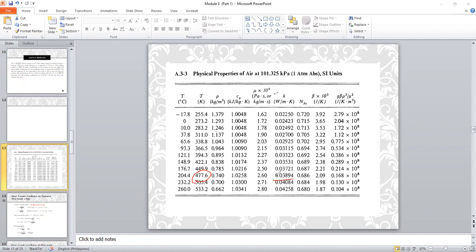If the problem is not saying that your wall or your pipe resistance is negligible, the K that you're going to use is that of your pipe or your tube, because in the first place, thermal conductivity is associated with the solid through which heat is to be transferred. In this case, it's read from this particular table, 0.03894. Same table where we took our mu and our Prandtl number, that for air.